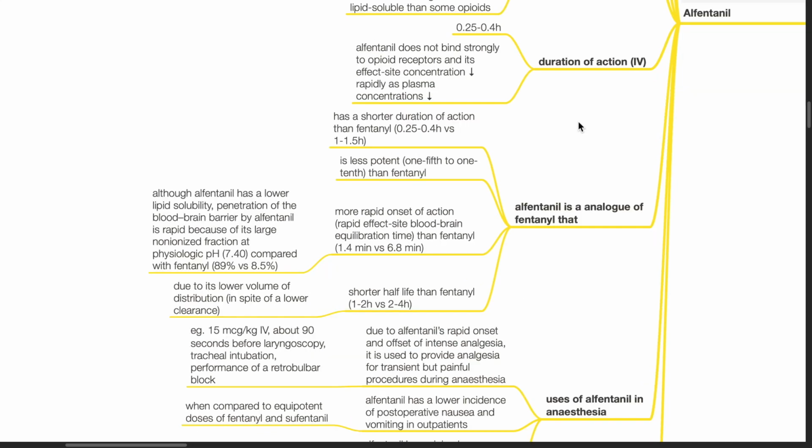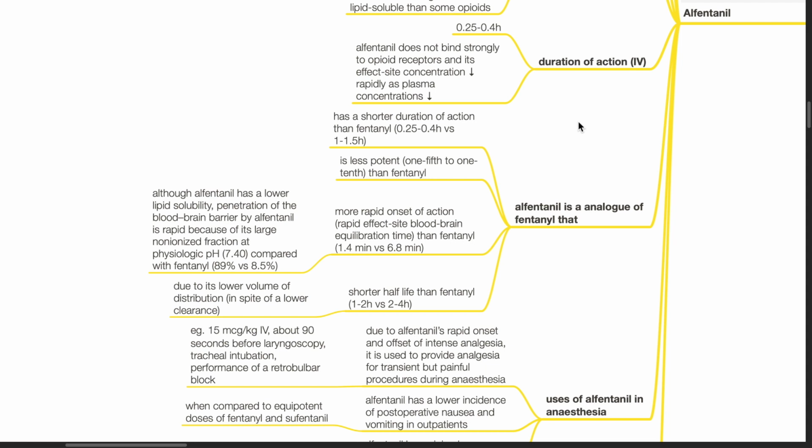Alfentanil is an analog of fentanyl that has a shorter duration of action, 0.25 to 0.4 hours versus 1 to 1.5 hours. Alfentanil is less potent than fentanyl, about 1/5 to 1/10. Alfentanil has more rapid onset of action than fentanyl, 1.4 minutes versus 6.8 minutes.